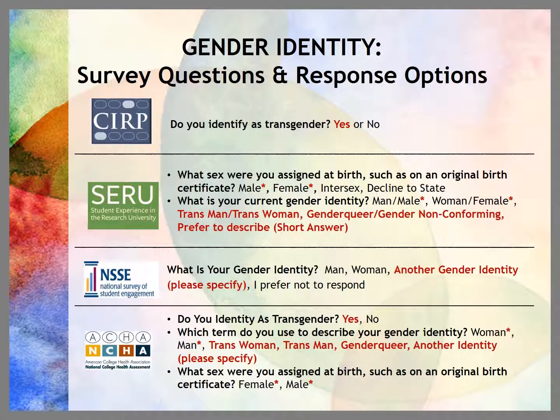We too have learned, I don't know that there's another area I work in that's changing more rapidly than understanding gender identity. And we have gone through several different transitions with this.